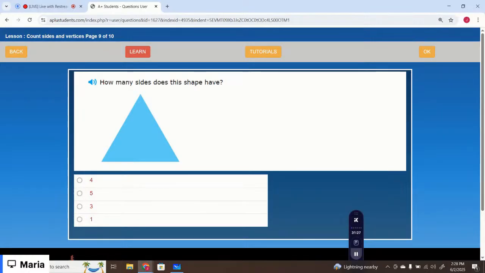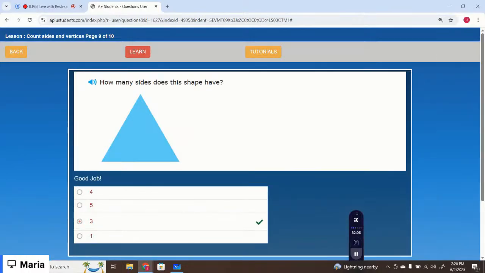How many sides does this shape have? Three-sided shape.